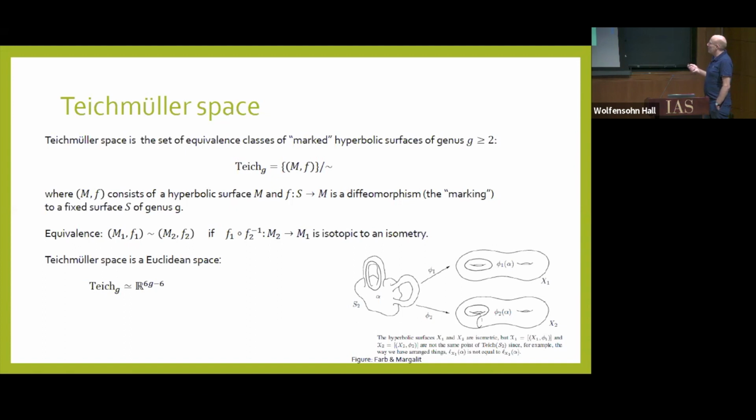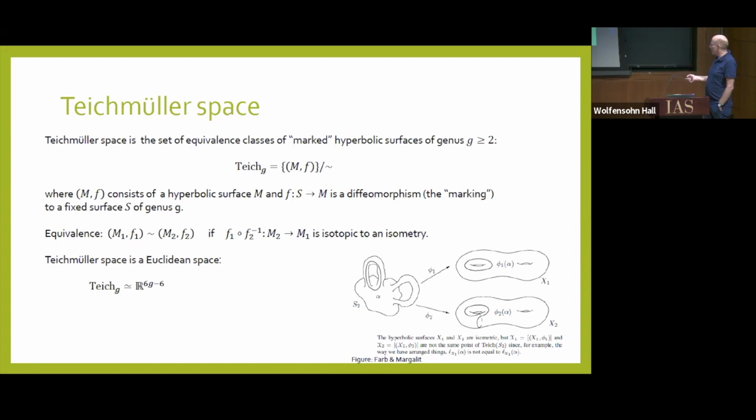Two such markings are called equivalent if they differ by an isotopy. Then it turns out that the set of these marked surfaces, I will show you in a minute, is naturally parameterized by 6G minus 6 real variables. And so it's just a Euclidean space of dimension 6G minus 6.